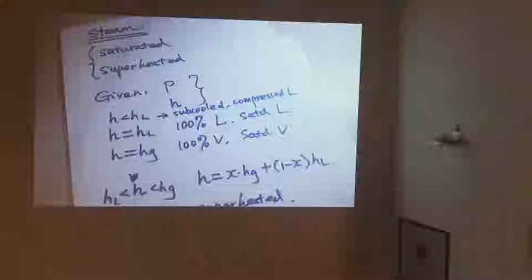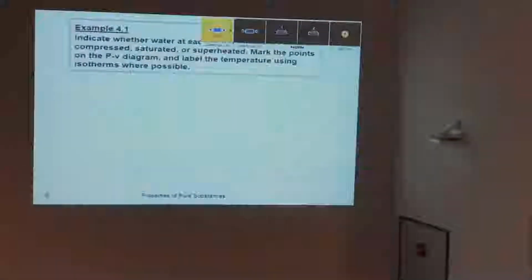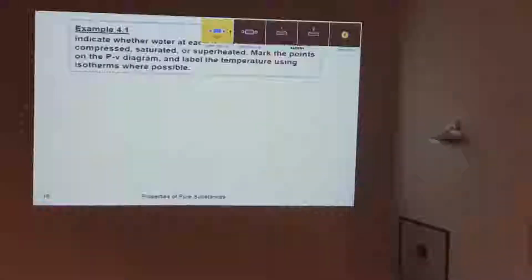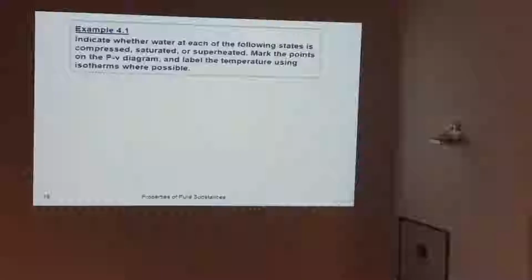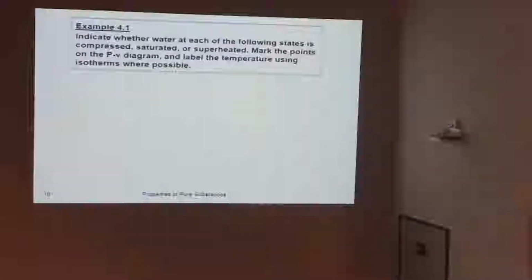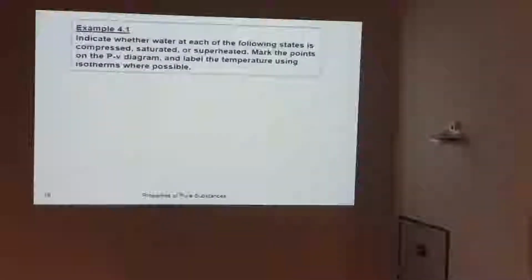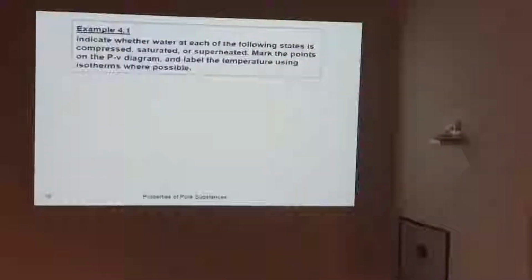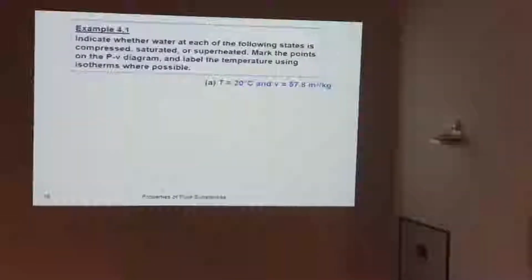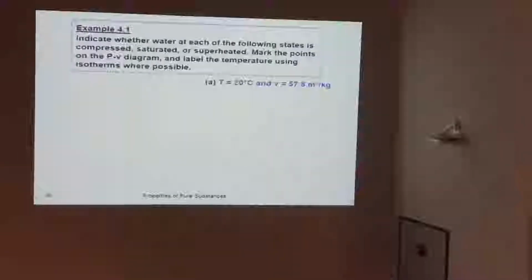Now let's take a look at the example here. Let's see this example. Here in this example, you need to mark the points on the PV diagram and label the temperature for these few cases.